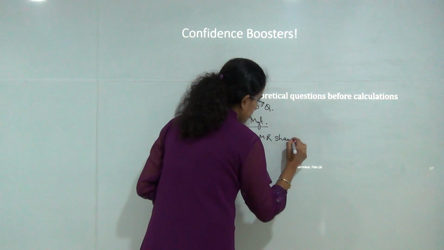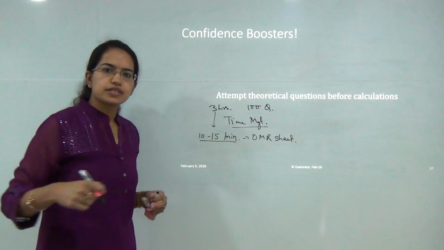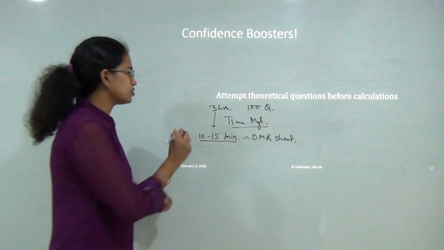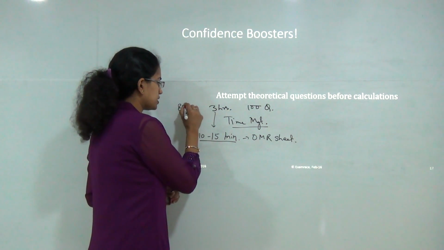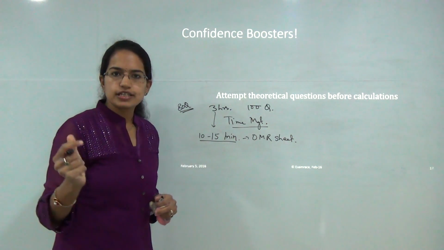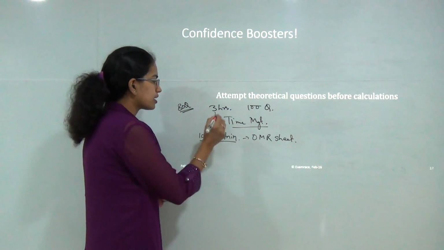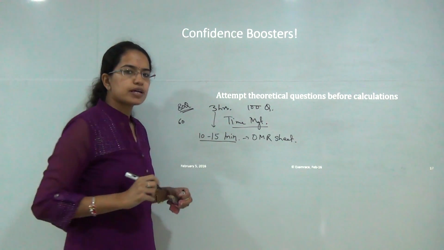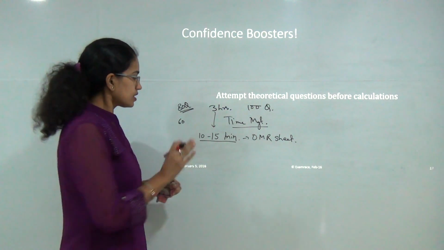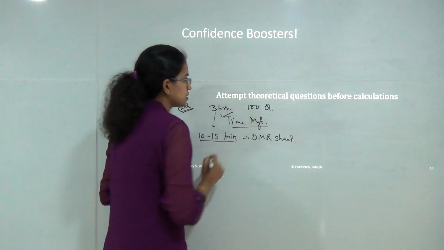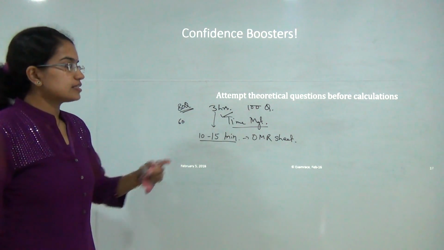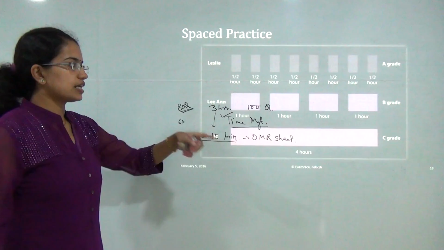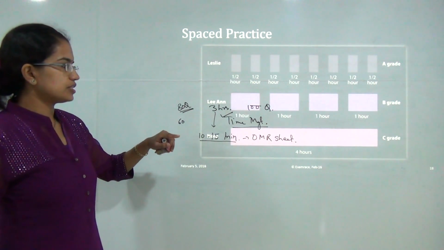That's again very, very important. Because if you are solving the questions till the end, even if you solve say 80 questions correctly, at the end you are running short of time and you are able to mark only 60 questions in the OMR sheet, it's of no use. So you must have good time management. For that, it's better to attempt theoretical questions first and then go to questions with calculations.